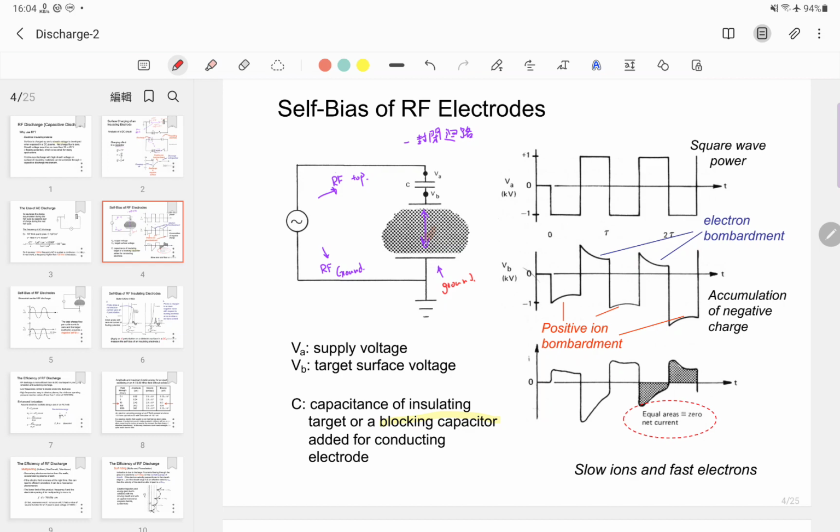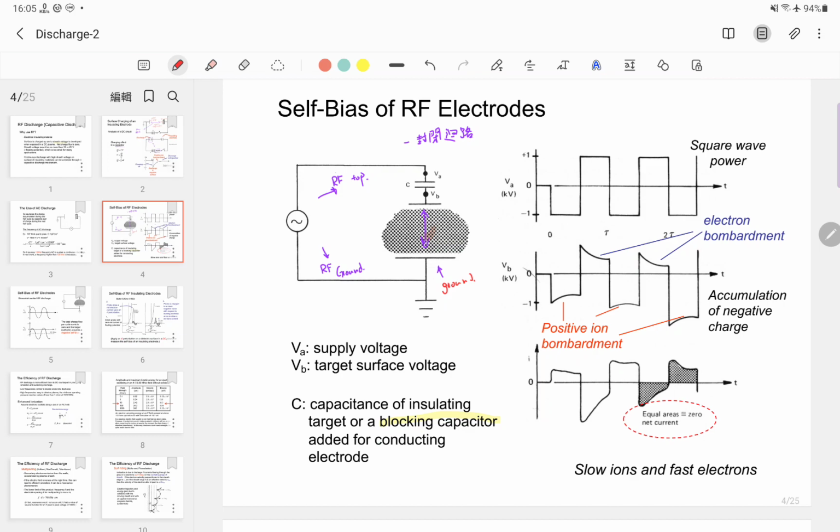But if we place a blocking capacitor here and generate a capacitive plasma, then we can analyze the voltage on the top electrode, V sub B. V sub B shows the potential of the top electrode, and between V sub A and V sub B there is a blocking capacitor.